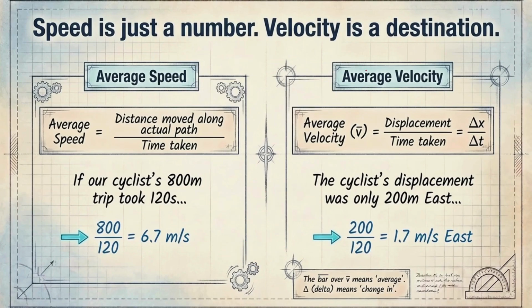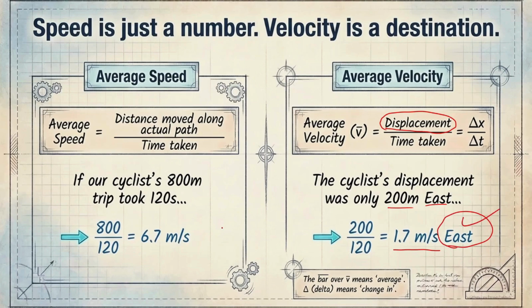If you consider the average velocity of the cyclist, you have to consider the displacement covered by the cyclist upon the time taken, the same as the speed. For the cyclist velocity, the displacement is 200 meters east upon 120 seconds, and you will get the answer 1.7 meters per second in the east.